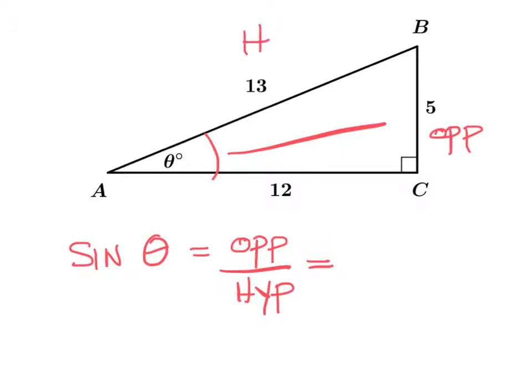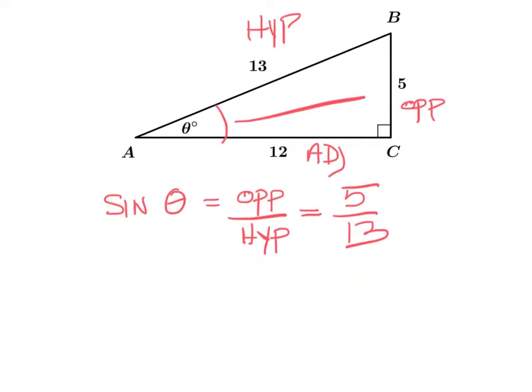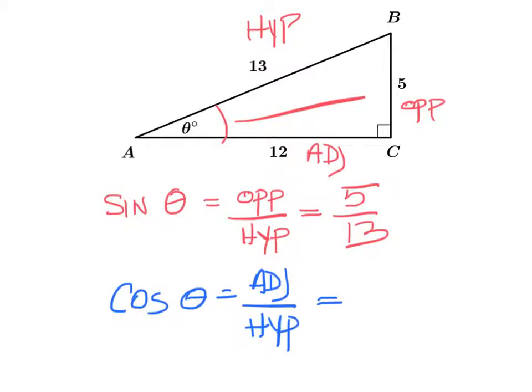The hypotenuse is 13. The adjacent is the side that touches the angle, and that would be this one. So from opposite over hypotenuse, you should have 5 over 13. And of course, cosine theta is adjacent over hypotenuse. And adjacent is 12, hypotenuse 13.